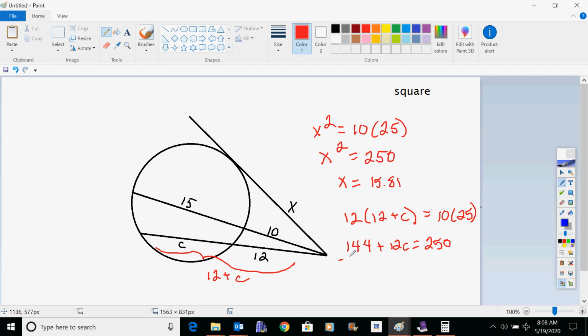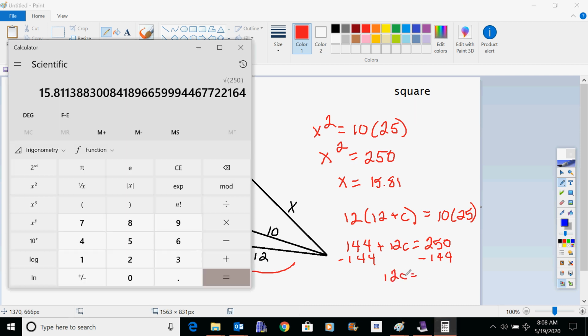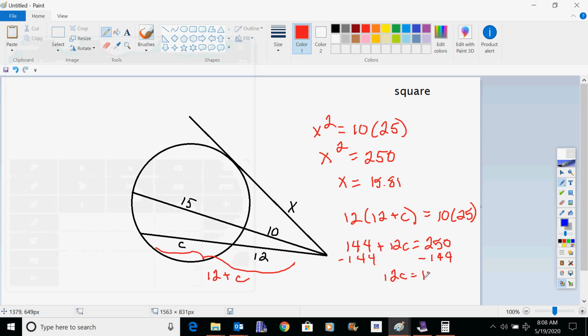Subtract 144 from both sides. 12c equals, let's do 250 minus 144, 106, divided by 12.